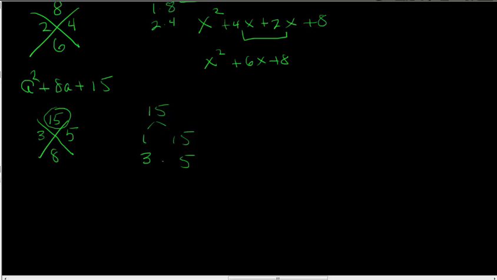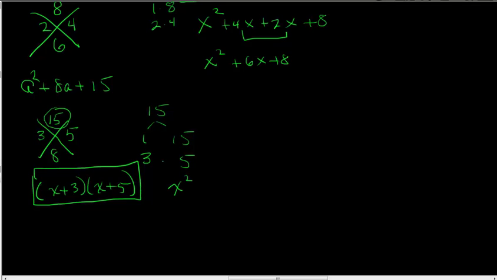So clearly we can see that x plus 3, multiplied by x plus 5, gives us the two desired factors. Now how do we know it's true or not? Well, we multiply back, we do the check. X times x will be x squared, x times 5 will be 5x, 3 times x is 3x, and 3 times 5 would be 15.